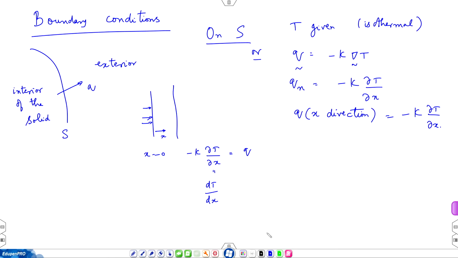The third possibility is what we call the convective boundary condition. You have fluid flow happening outside. So, you have to solve Navier-Stokes and energy equations in the fluid medium, heat conduction equations in the solid phase, and match them by interfacial conditions.